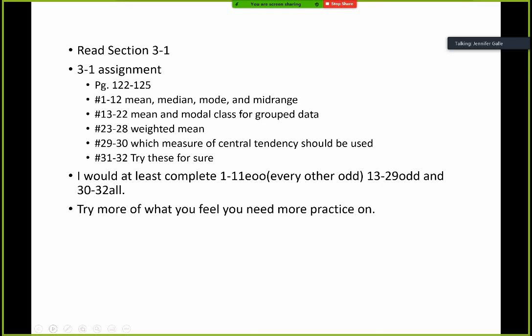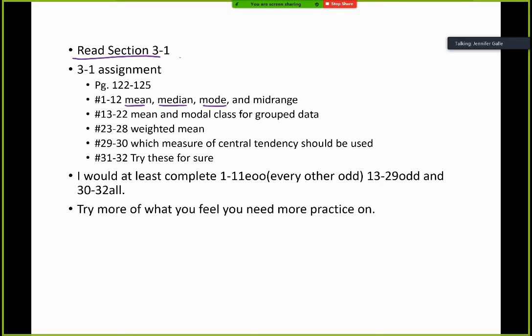Then for the assignment piece, what I've done is I've separated it out by topic. Notice, mean, median, mode. I didn't talk about those today, but I know those are things that, once upon a time, you have all calculated before. If you're like, oh, Miss Galley, I don't remember how, that's where that piece comes in. I hit the big things that you've never seen before.